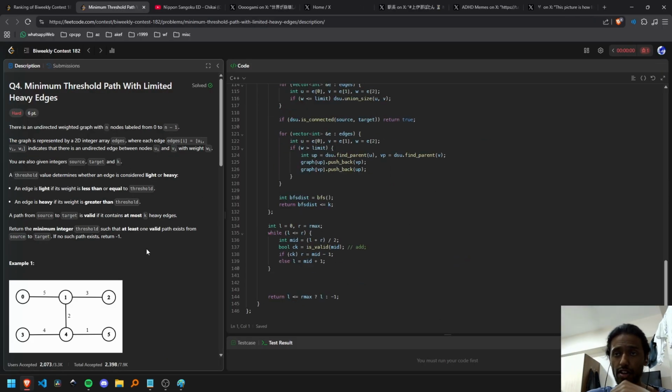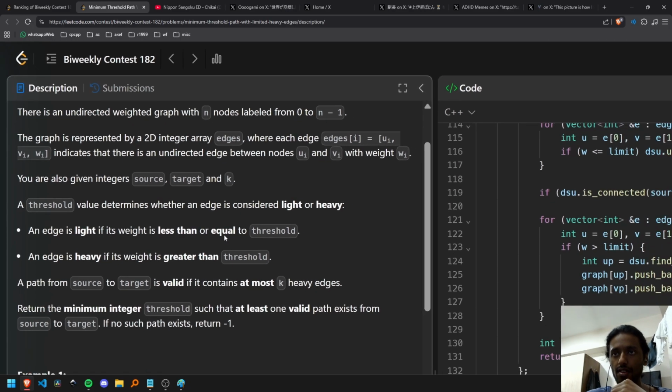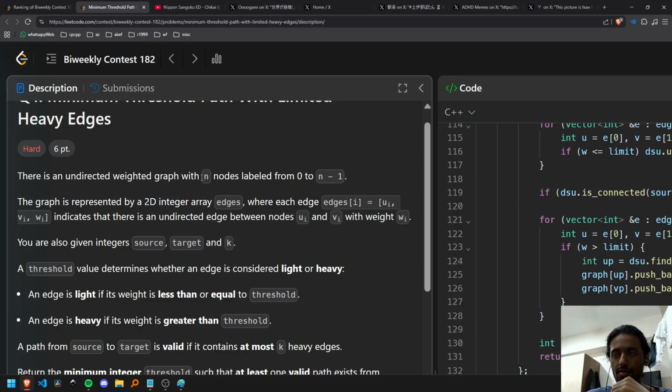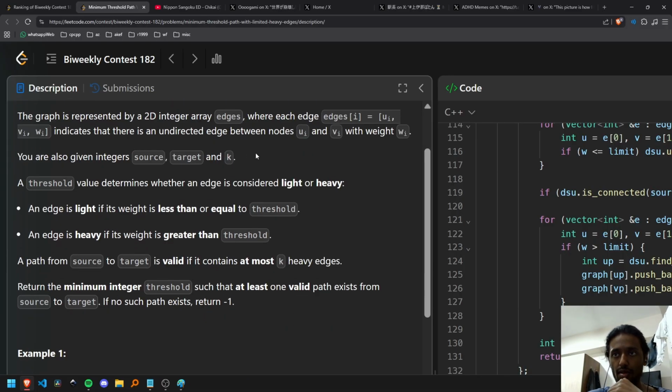And in Q4 as well, my implementation was really weird, but it is what it is. We are given a graph with n nodes, 0 to n minus 1, and bidirectional edges u comma v with weight w. We are also given source, target, and k.